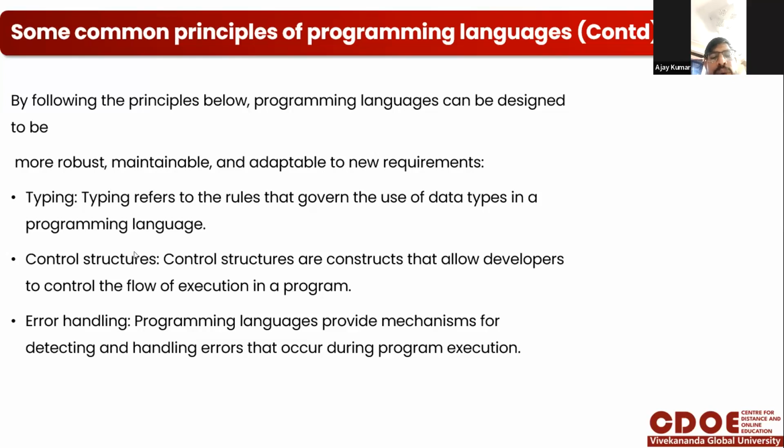Typing also refers to the rules that govern the use of data types in the C programming language. In any programming language, when we write code, we need some type of input, like numbers, like alphabets. That number, that alphabet, is defined by other terms in that language. They define the rules, they define the data types, they define the tokens.